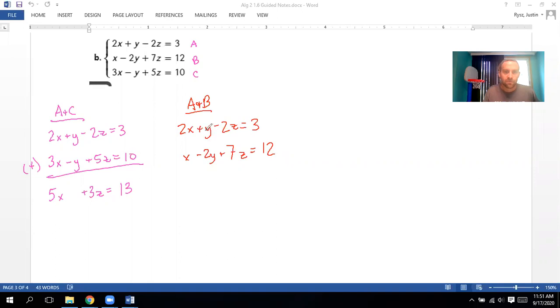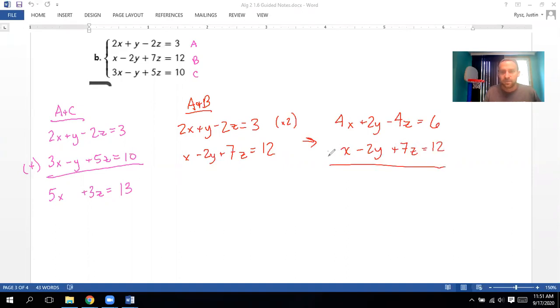So in order to get rid of the y's, if I multiply the top by 2, the y's would be opposites. So I got 4x plus 2y, and then minus 4z equals 6. And at the bottom is just x minus 2y plus 7z equals 12.